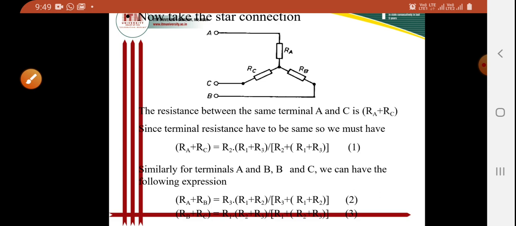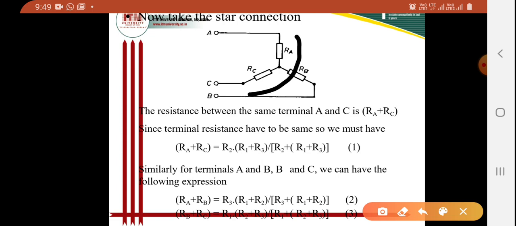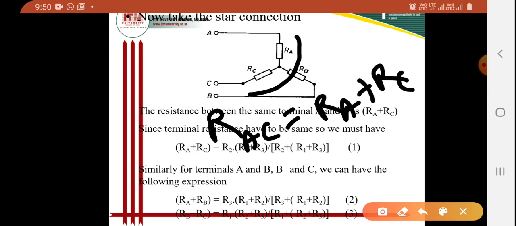Because B is open, when we consider the resistance between A and C, that will be RA plus RC. So now for the star connection, RAC will be what? That is RA plus RC. Clear?